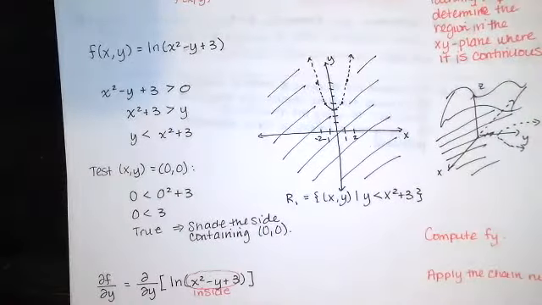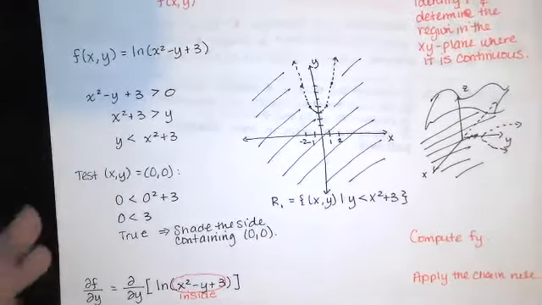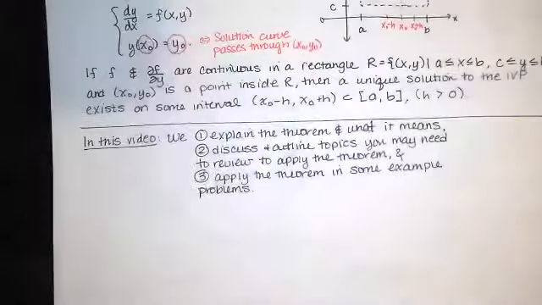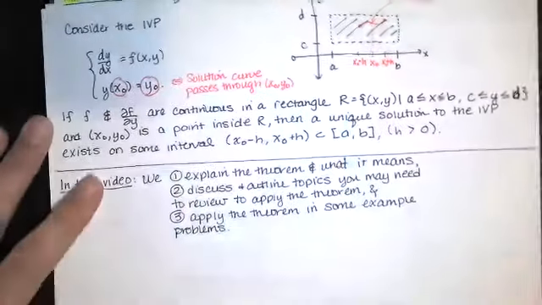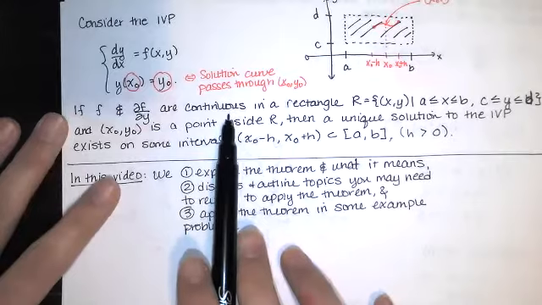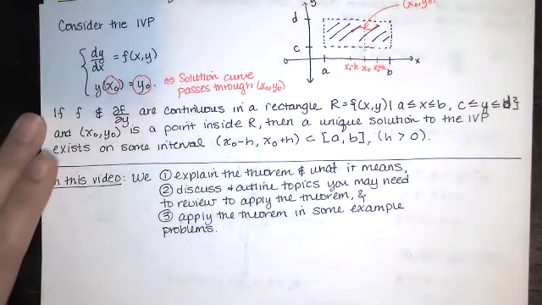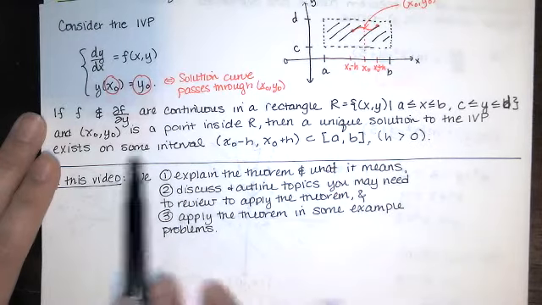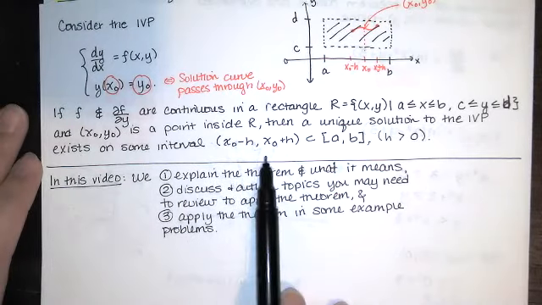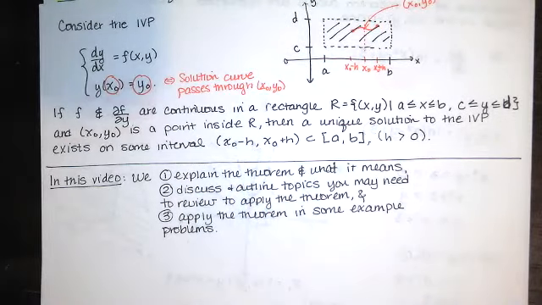And if you're still a little bit shaky about why that's true, let's go back to the theorem and make sure we understand it. The theorem says, given this IVP, if f and its partial with respect to y are continuous on some rectangle, and x naught y naught is inside the rectangle, then there is a unique solution to the IVP on some interval that looks like this. It's just a tiny interval around x naught.